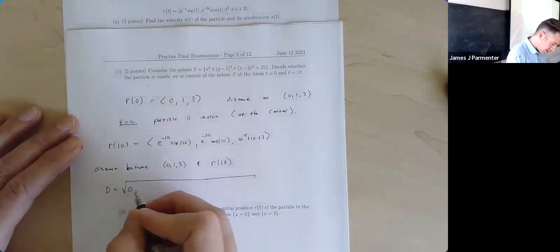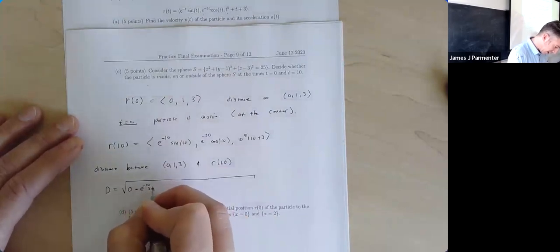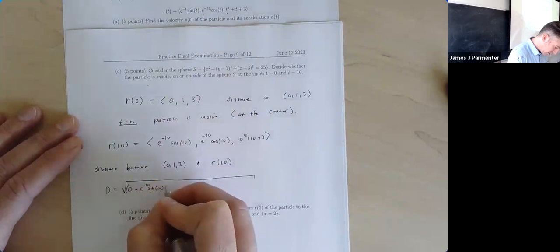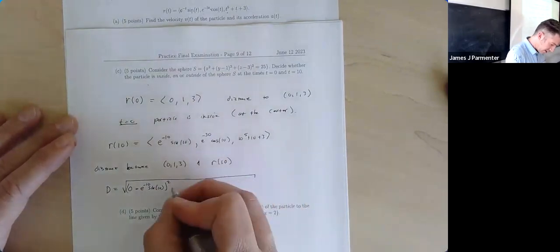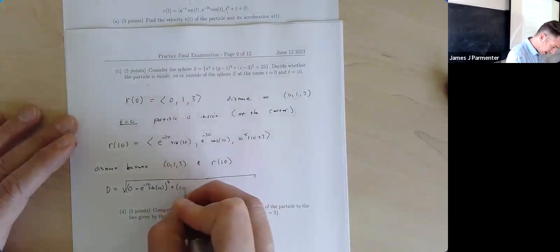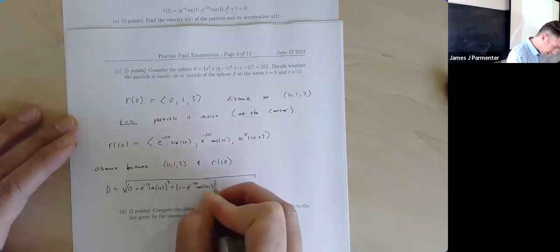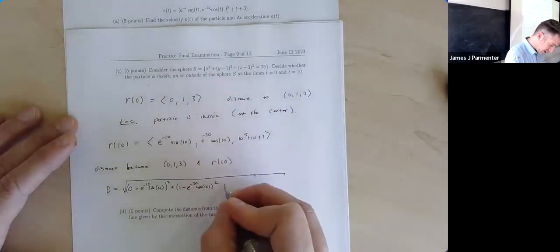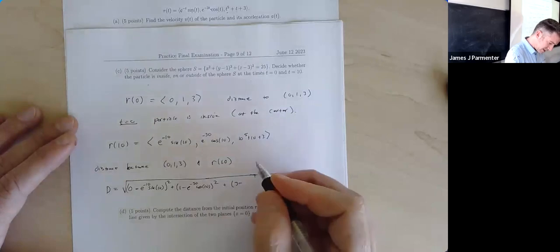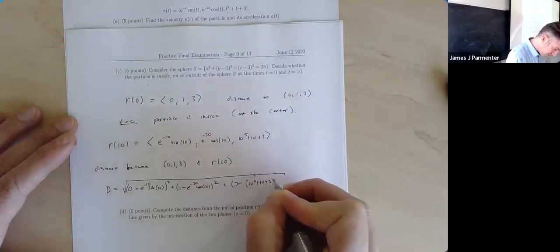It's going to be 0 minus e to the -10 times sine of 10 squared, which is probably pretty small, right? E to the -10 is a pretty small number, like extremely small actually. And then same deal here, 1 minus e to the -30 times cosine of 10 squared. But then at the end here, we have plus 3 minus 10 to the 5th plus 10 plus 3.